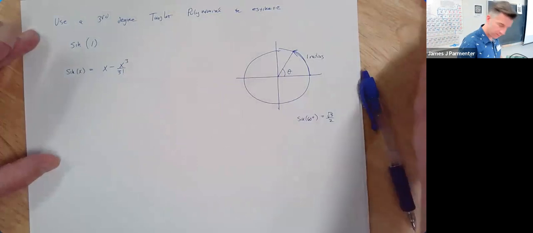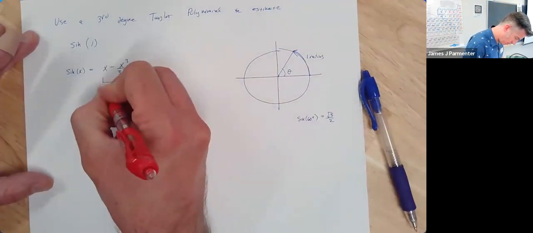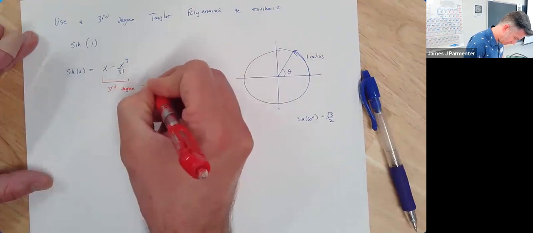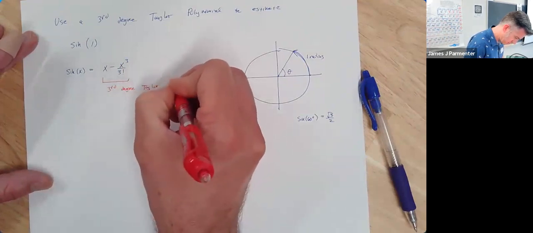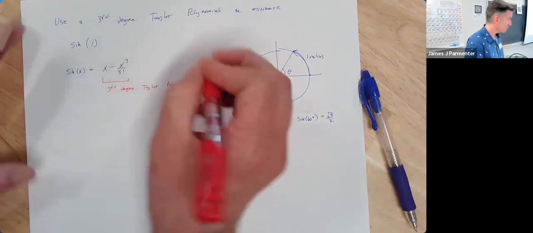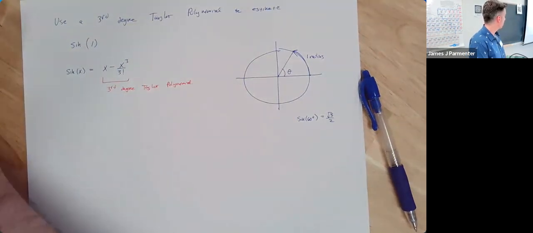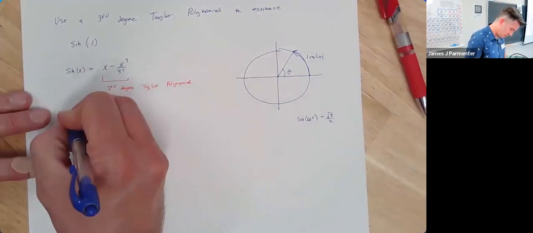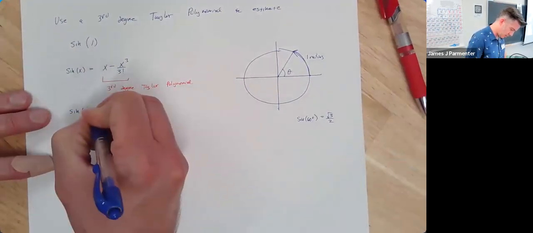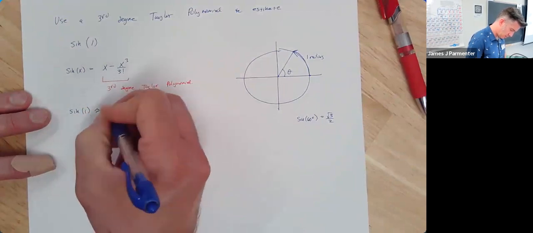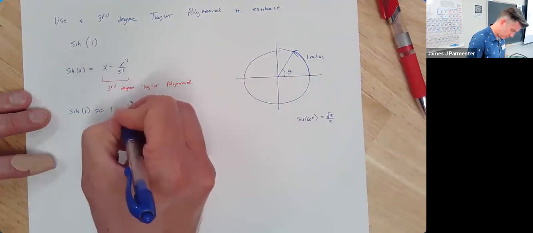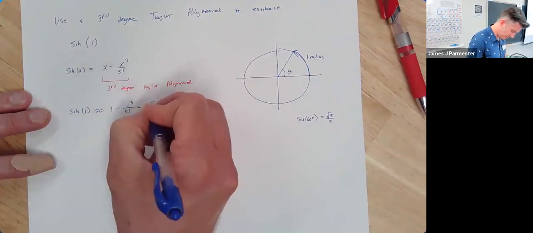This is a third degree Taylor polynomial. Okay. So if I plug in 1, sine of 1 is going to approximately be 1 minus 1 over 3 factorial, which is going to be 5/6.